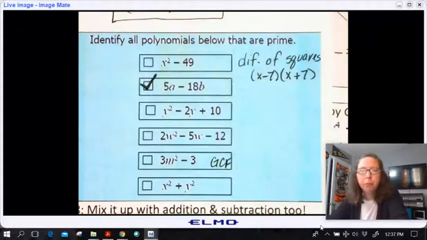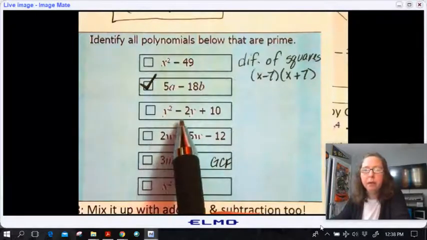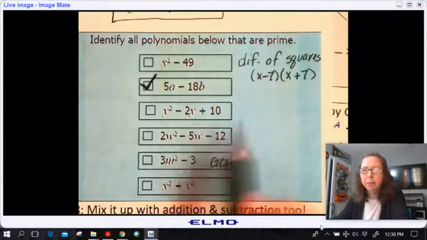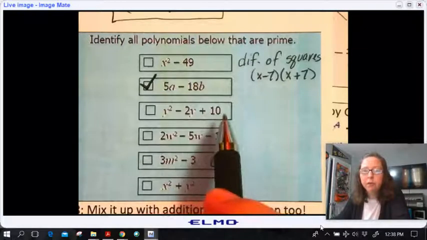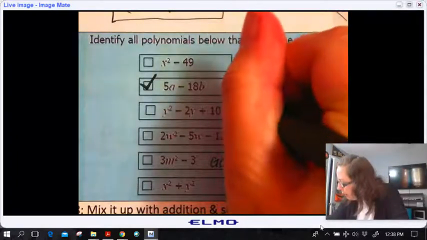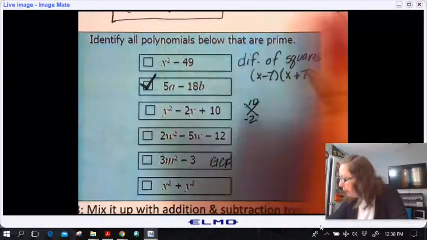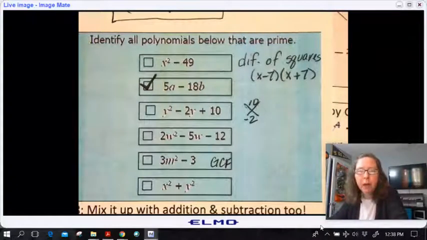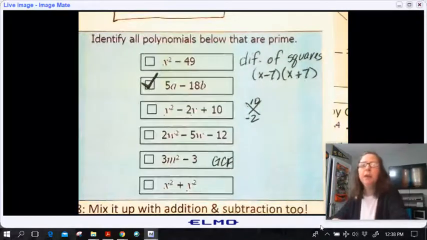Okay. What about this one? y squared minus 2y plus 10. This is a trinomial, where I would get 10 on the top, negative 2 on the bottom. So the two numbers that multiply, let's see, is there anything?